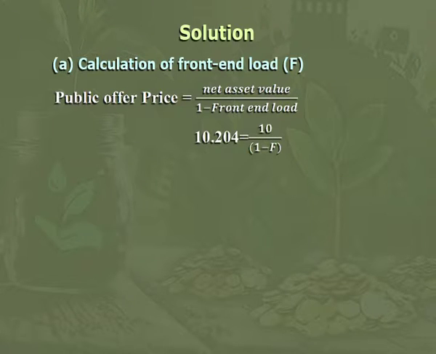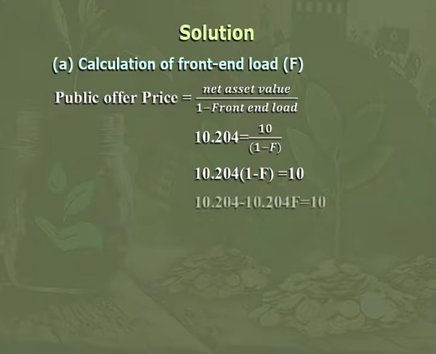When we substitute the values given, 10.204 is equal to 10 divided by 1 minus f. 10.204 into 1 minus f is equal to 10. 10.204 minus 10.204 f is equal to 10.